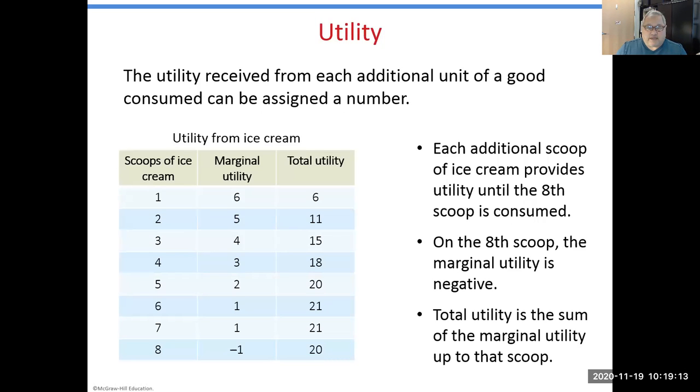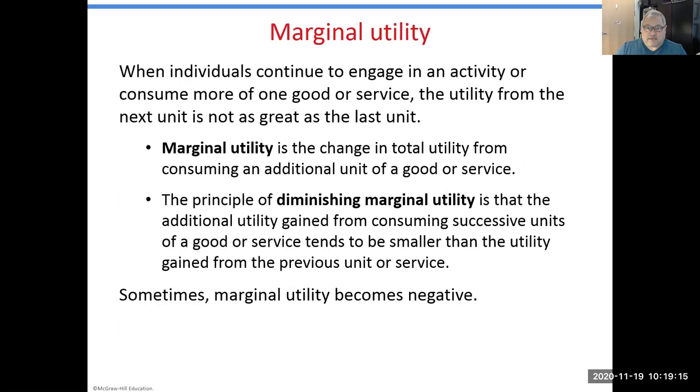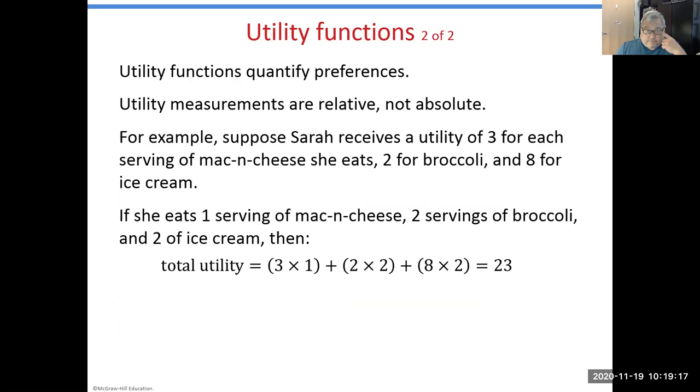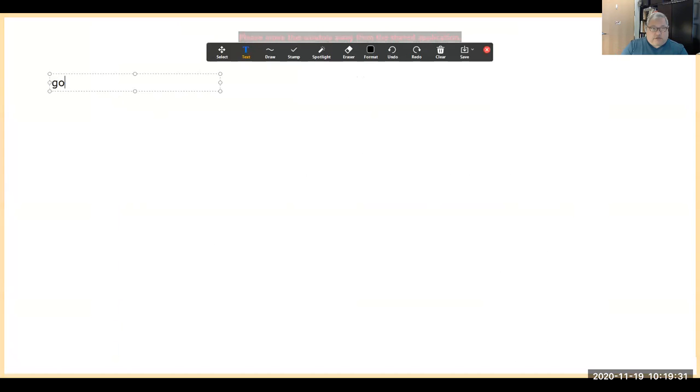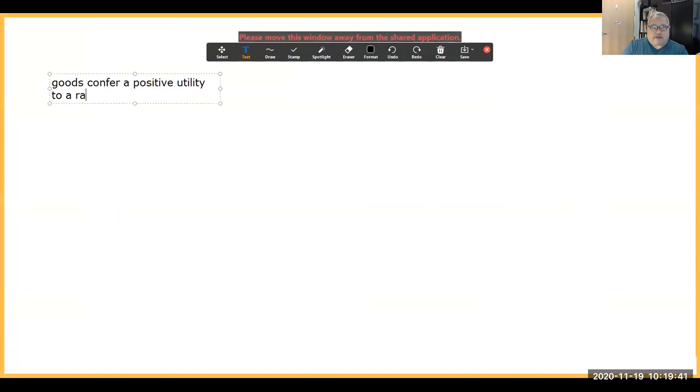So if we look here at this calculation, if we move now to a different situation that is a little bit more realistic, we're going to assume that goods confer a positive utility to a rational consumer.